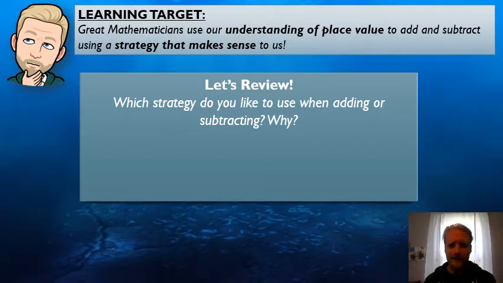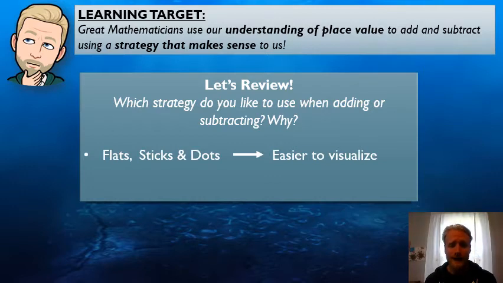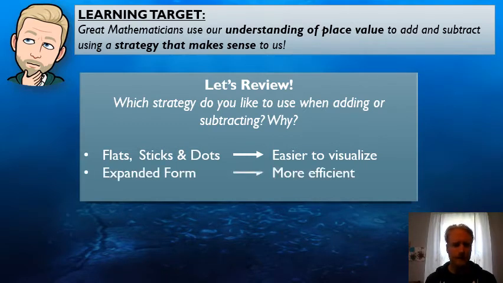All right, so I'm hearing all these great ideas, and there's so many reasons why you might choose a different strategy. When I think of flats, sticks, and dots, I find it pretty easy to help visualize the numbers and see them for their value.